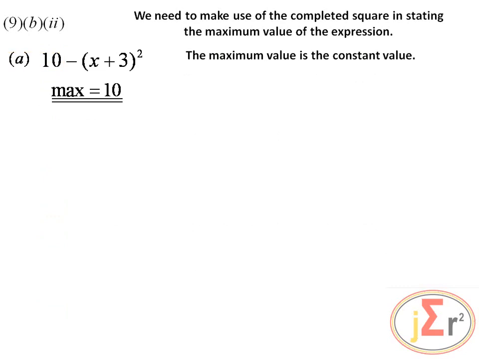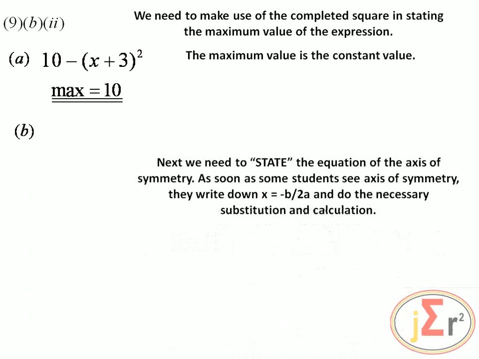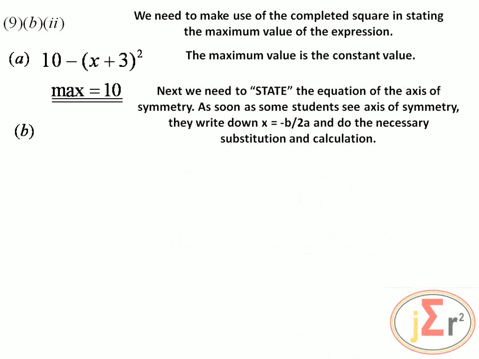State the equation of the axis of symmetry of the quadratic function. The equation of the axis of symmetry is what we are after right now. As soon as some students see axis of symmetry, they write down x is equal to minus b over 2a.